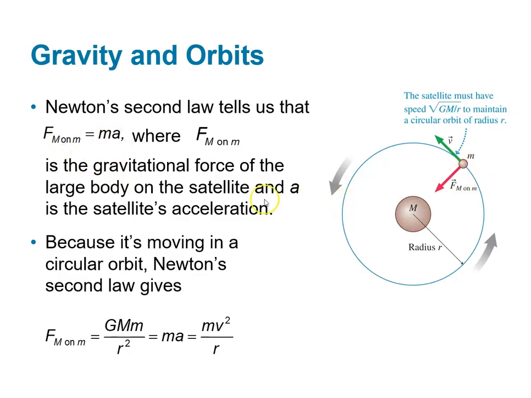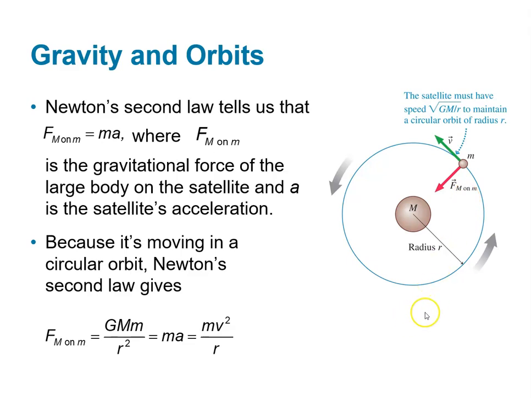So we know that the force of the planet on the satellite is equal to the force of the satellite on the planet, and that force is equal to mass times acceleration, because that's the force that is causing the satellite to be in circular motion around the planet.